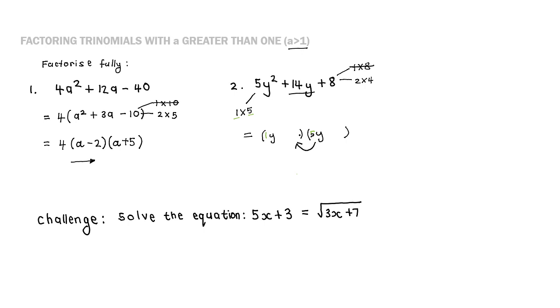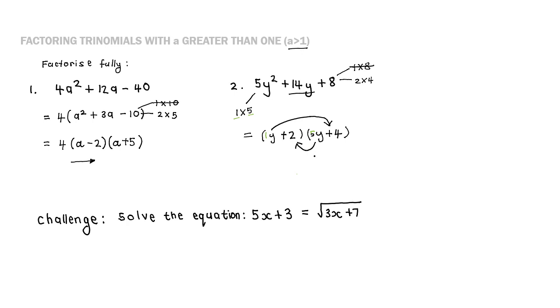So 5y times a positive 2 will give us our required 10y, and this y times a positive 4 will give us our 4y. 4y plus 10y is 14y. Now lastly, for the sign, it's a positive, so positive times positive is positive, so the sign is also positive.